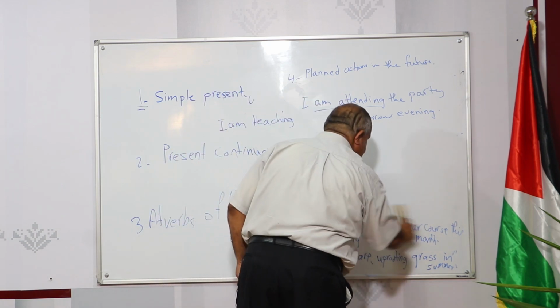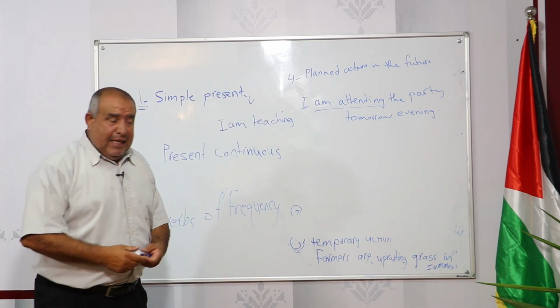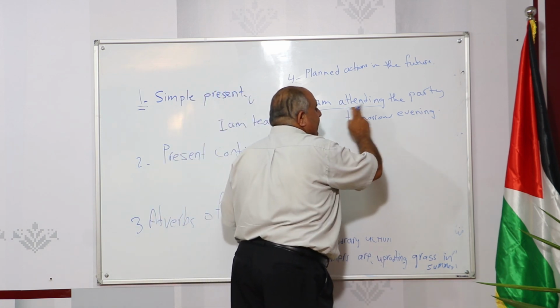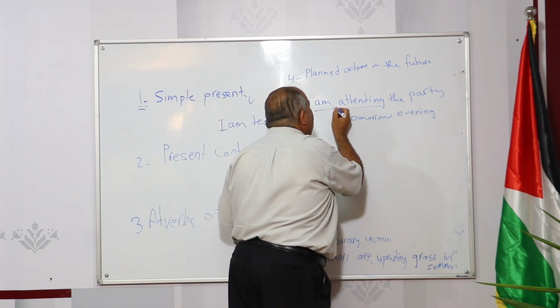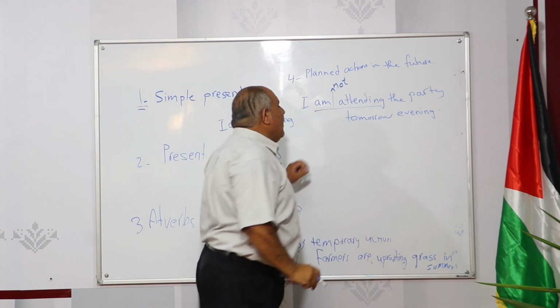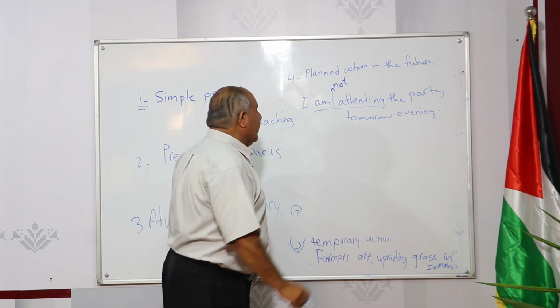Now, can we use these present continuous tenses in the negative? Yes. Now, when you say, I am attending the party tomorrow evening, you put after the auxiliary am, you put not. I am not attending the party tomorrow evening.